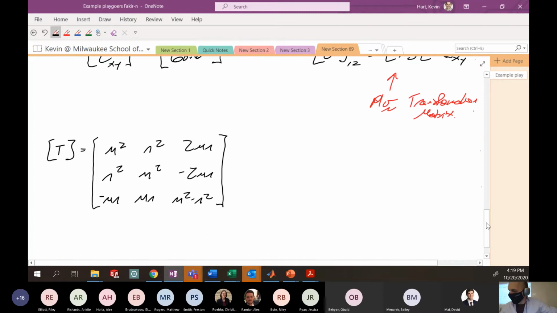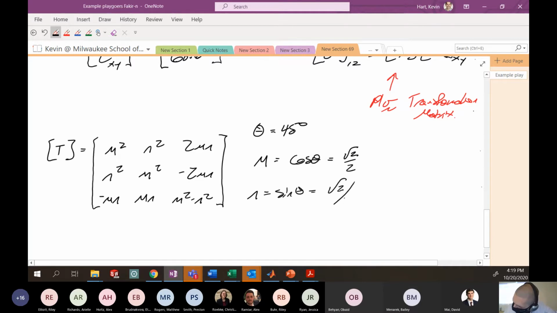Okay, so on we go with this. Our angle theta is 45 degrees. Remember that we had this before. That means m, which is cosine theta, will be root 2 on 2. And n, which is sine theta, is the same thing.